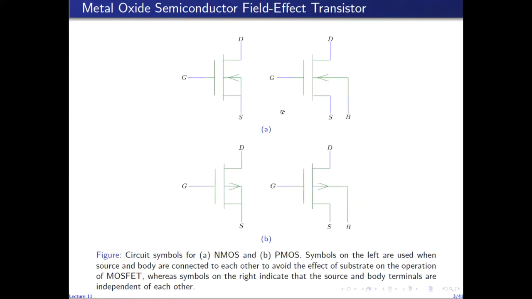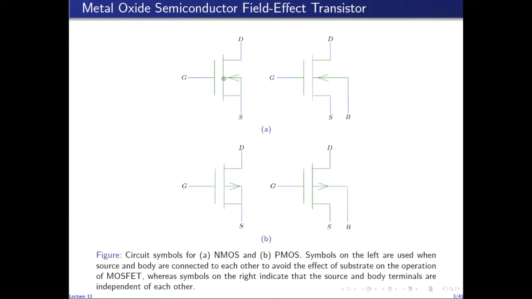As you can see, the MOSFET is a four-terminal device. The four terminals include gate, drain, source, and body, denoted by G, D, S, and B respectively. The body terminal may or may not be connected to the source terminal.